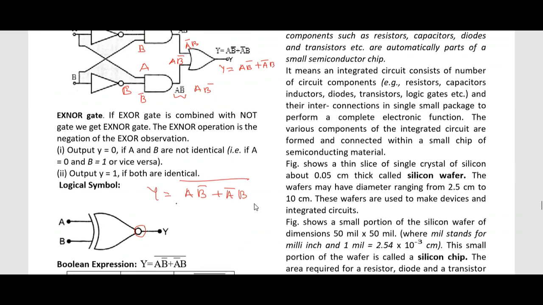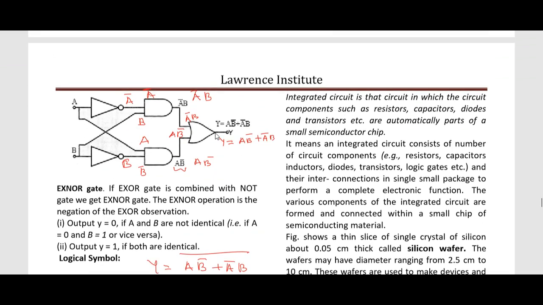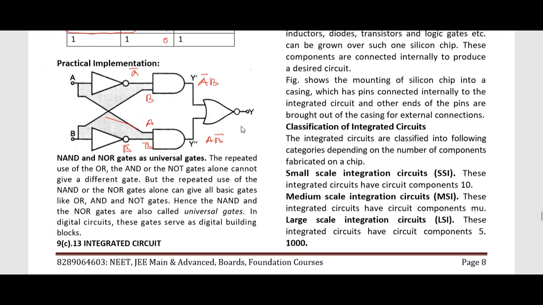In exclusive OR, it was an OR gate, there was no bubble. Now, here, it is NOR gate. NOR gate means the output here will be A bar B plus A B bar, and this.